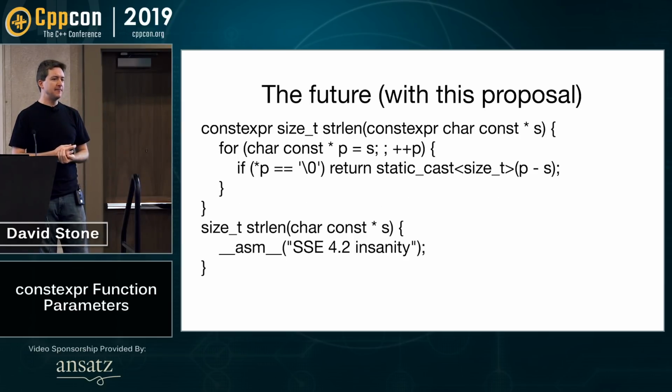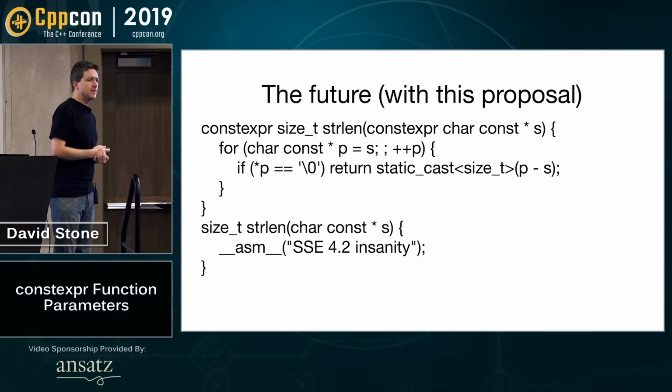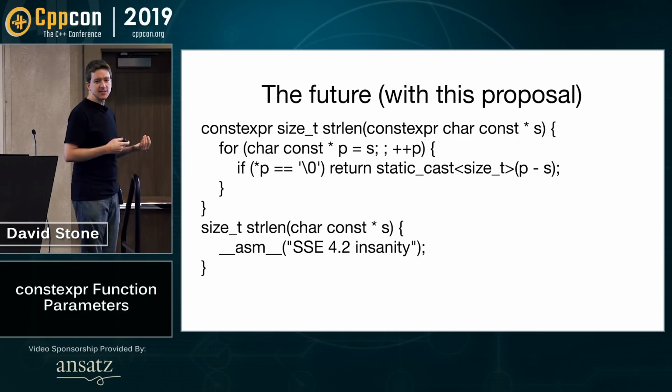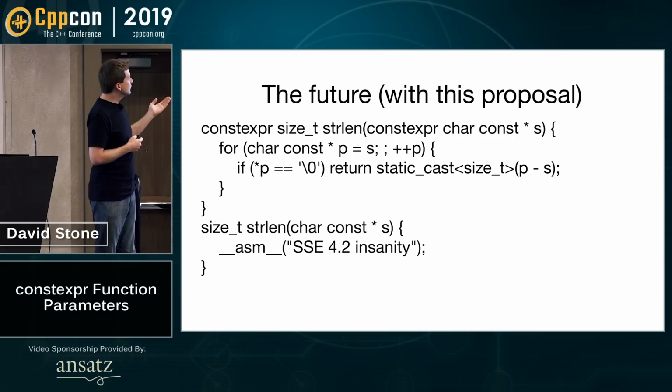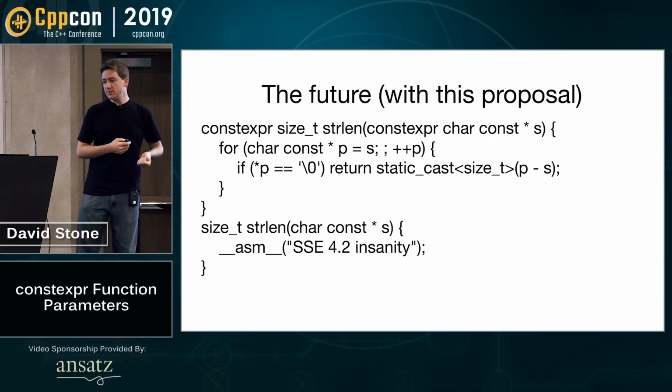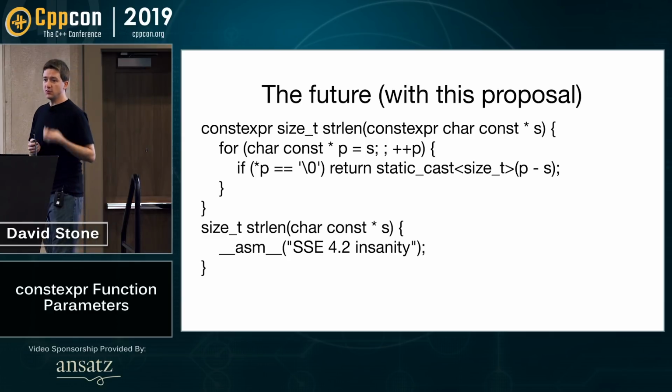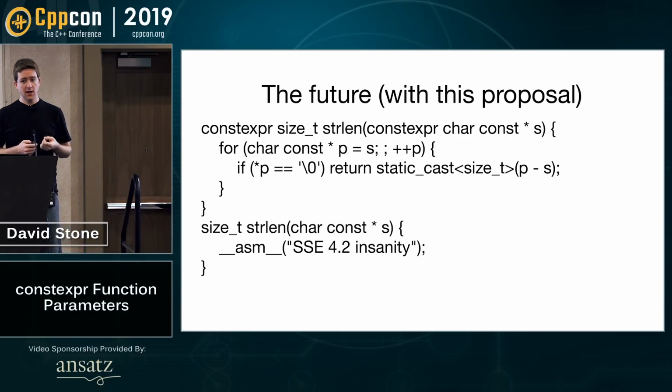But let's take strlen. Compilers have a built-in strlen function that essentially has a constexpr parameter built into it. Right now, you have to have your compiler give you this built-in if you want to use it at compile time, like we do in char traits length, and if you want to have optimal performance.